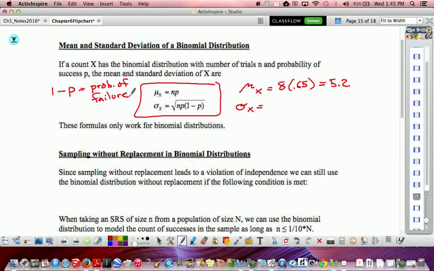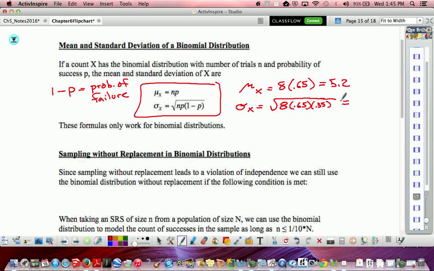Because if the probability of success is p, 1 minus that will be the probability of failure. So in our case here, we wanted to calculate the standard deviation for Sarah and her trivia questions. We'd have the square root of 8 times 0.65 times 0.35.